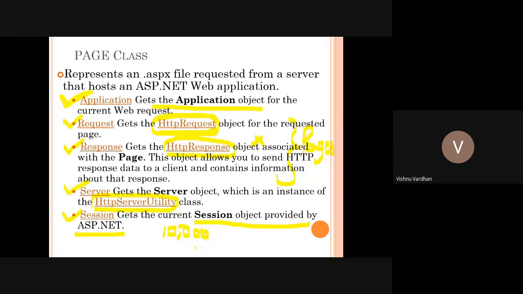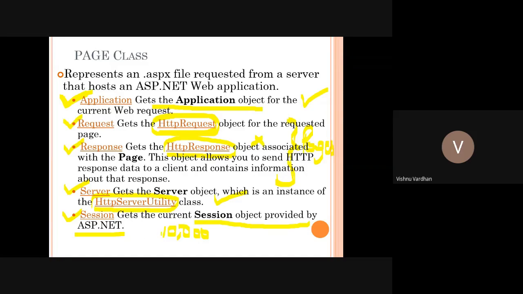So contextually all these are different. Only these two represent the page objects. Okay, but the Page class offers all these objects by default, but request and response are actually related with the page object and the current request, and application is for the entire application context. Server is for whatever the web server context you can access the information, and for session, across a given web page numerous users might have got connected.